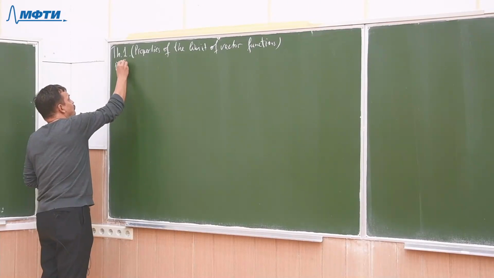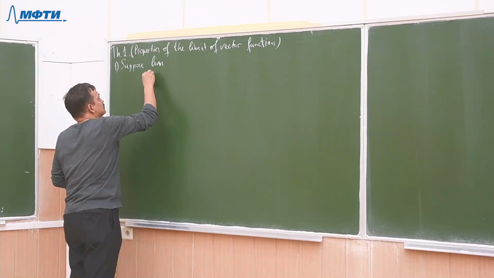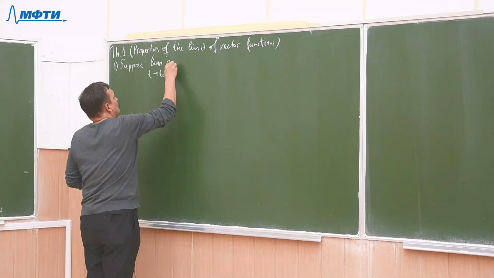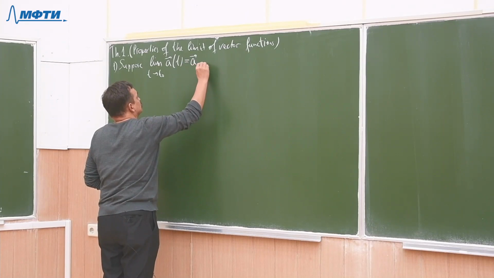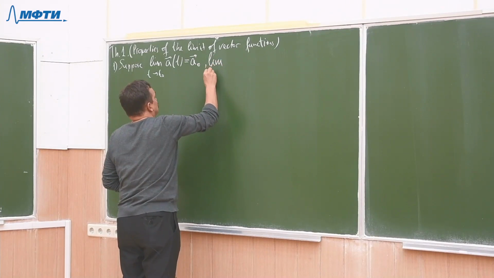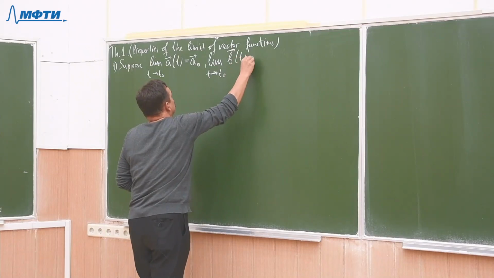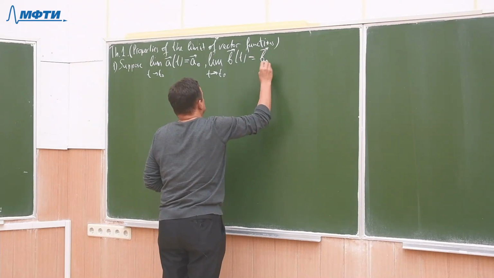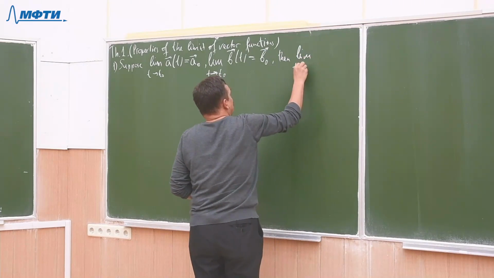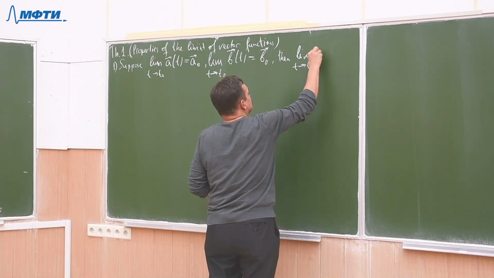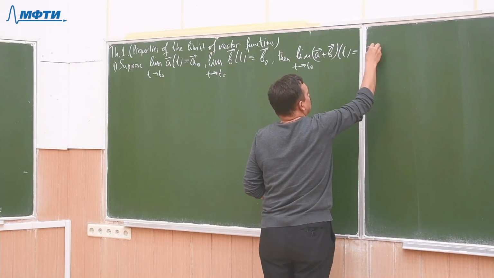First, suppose the limit as t tends to t naught of a of t equals, let's say, a naught, and the limit as t tends to t naught of b of t equals b naught, then the limit of the sum of those vector functions a plus b of t equals the sum of limits.